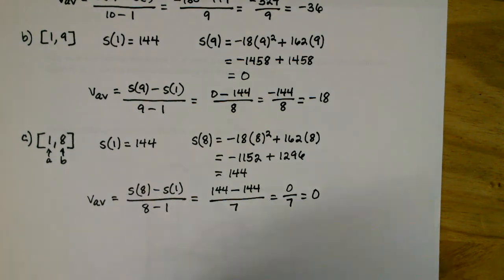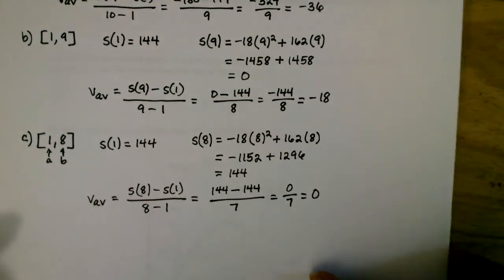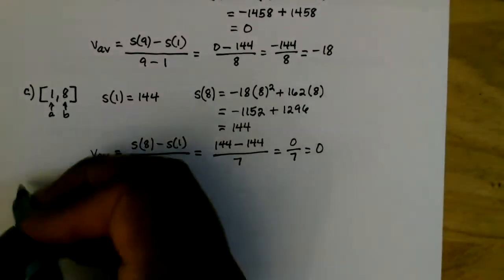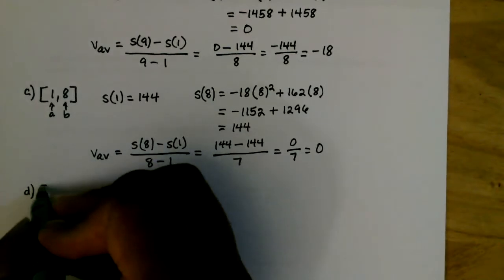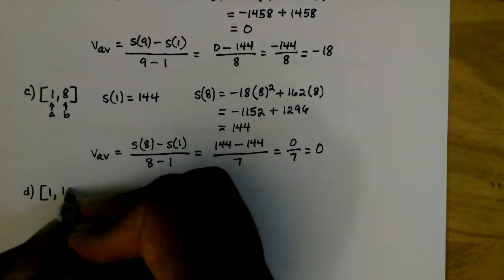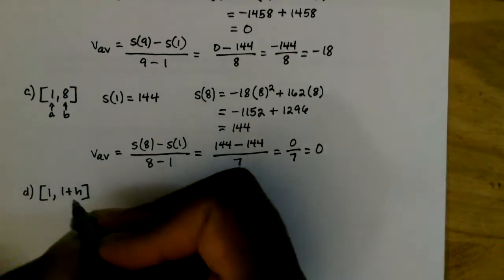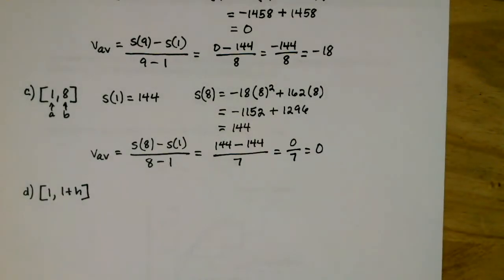And finally, part D, from 1 to 1 plus h. And in this case, they tell us that h is greater than 0 and is any real number.